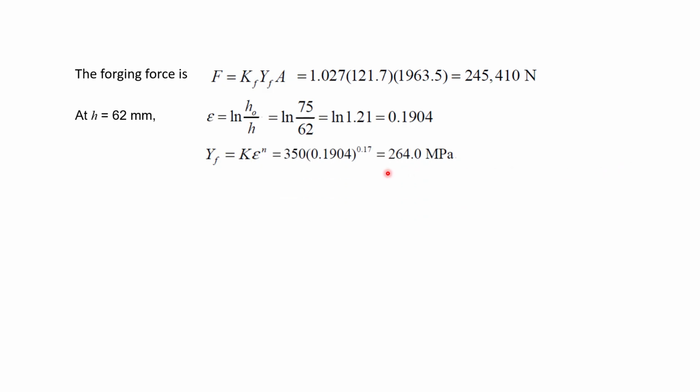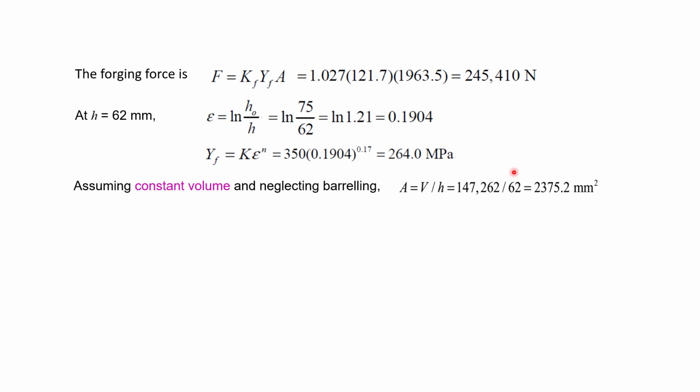We're going to have 264 megapascal. Now, we know that we are going to have a constant volume. So the new area is going to be the initial volume, which remains the same, divided by the new height. So we can get the area now equal to 2,375.2 square millimeters.